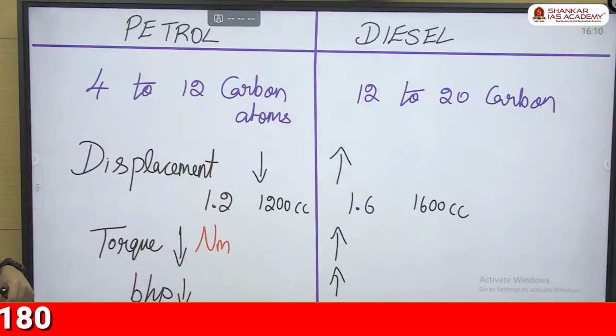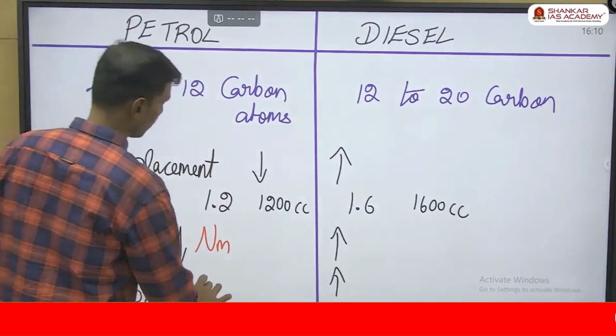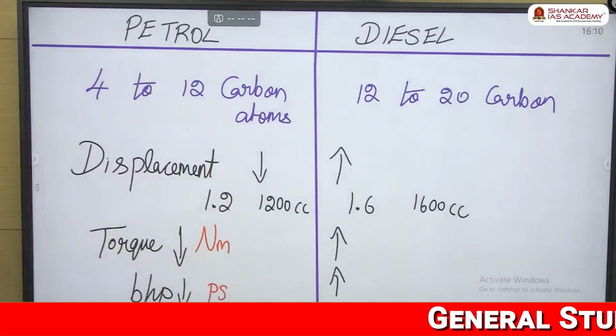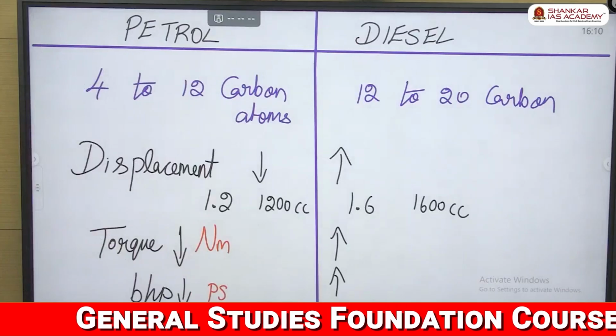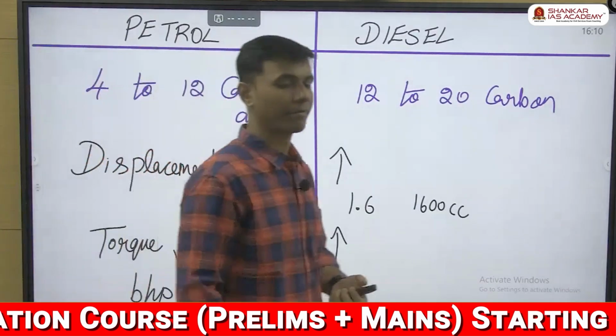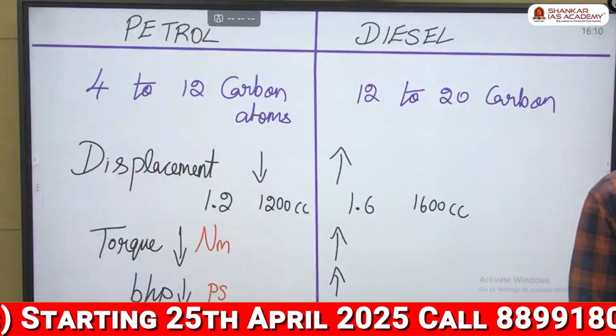And pickup is generally measured in brake horsepower, written as brake horsepower, or sometimes they use the term PS. Brake horsepower is about pickup, how fast the engines can reach high velocity.